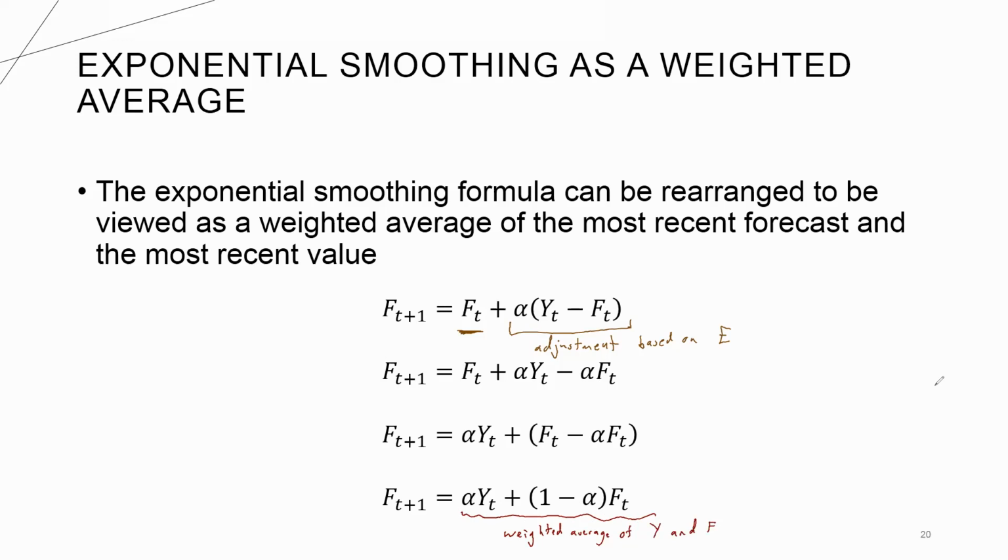So we're sort of averaging the forecast and actual values, where the actual value gets a weight of alpha, and the previous forecast gets a weight of 1 minus alpha. In other words, if the alpha is 1, then all the weight's on the actual value and none of the weight is on the previous forecast. But if the alpha is 0, it's the opposite, right? Then all the weight's on the previous forecast and none of the weight's on the actual values. And so usually alpha is somewhere in between. So it's the same formula, but we can think of it in these two different ways.